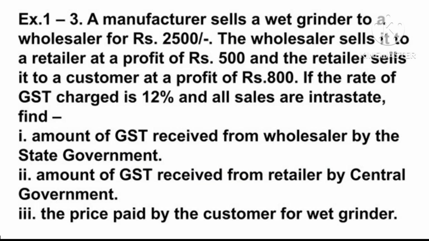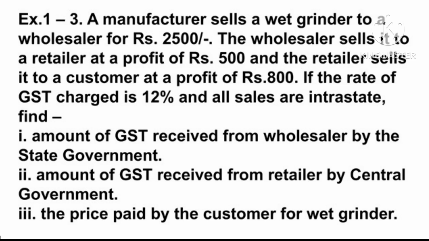Example 1. A manufacturer sells a wet grinder to a wholesaler for 2,500 rupees only. The wholesaler sells it to a retailer at a profit of 500 rupees and the retailer sells it to a customer at a profit of 800 rupees.